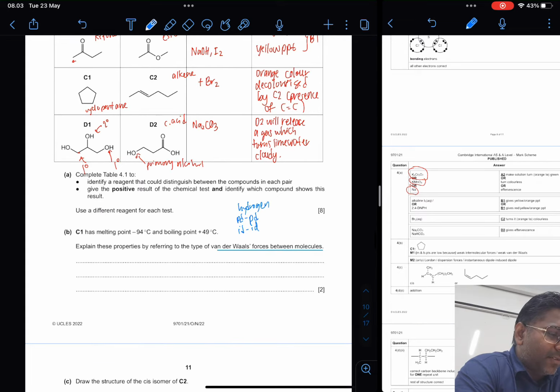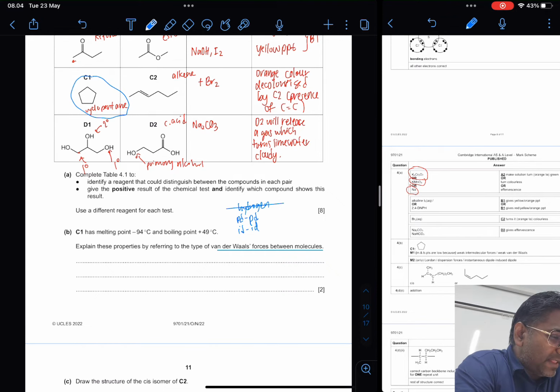So C1 is a cyclopentane. In order to have hydrogen bonding, you must have bonding between hydrogen and N, O or F. There is no O, there is no N, there is no F. So therefore we can eliminate hydrogen bonding. So we are talking about maybe PD or ID.